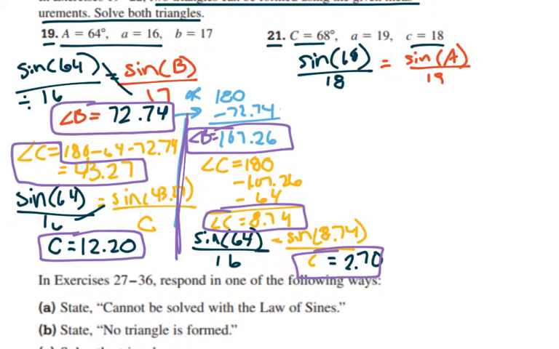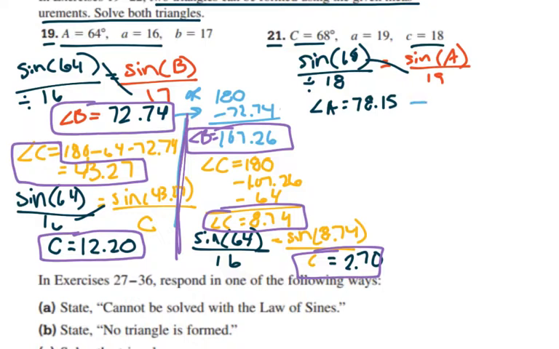And so I need to cross multiply, divide by 18 to get an angle A initially of sine of 68 times 19 divided by 18. Oh, and then the sine inverse of that, because that's not a degree. An angle A of 78.15.